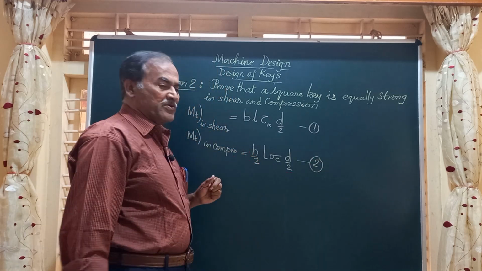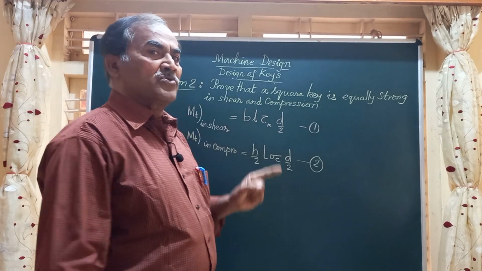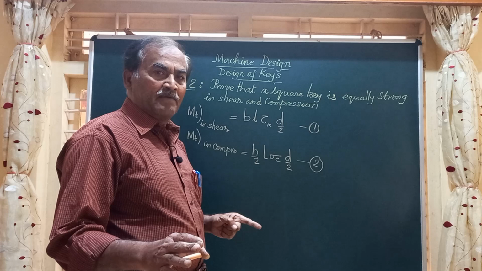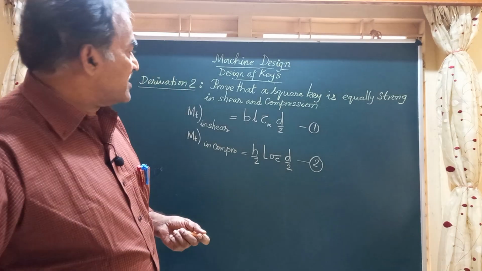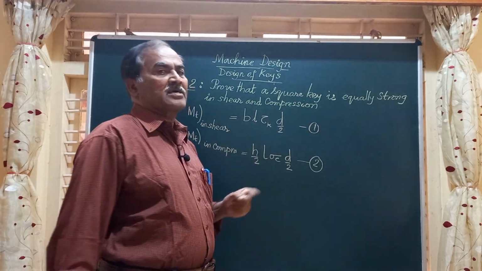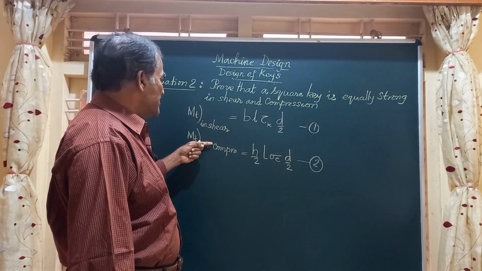But remember, friends, in the examination, if this derivation is asked, you have to derive these two first and then equate them or find the ratio of these. Now we have the expression for the torque transmitted in shear and also that in compression. We will find the ratio of these two.